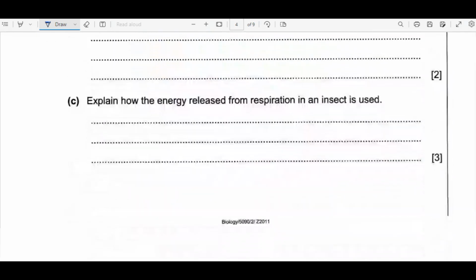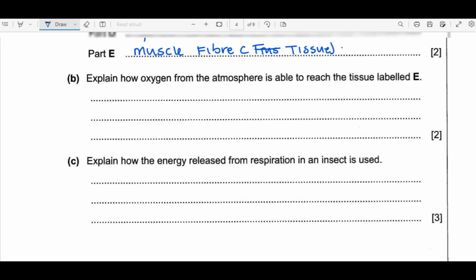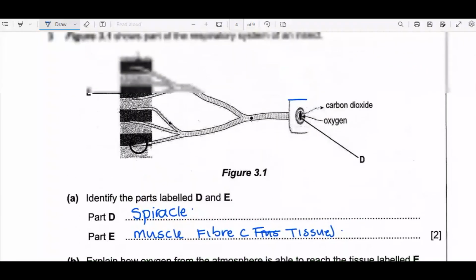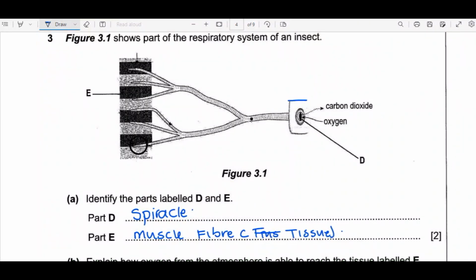Okay, we move on to explain how oxygen from the atmosphere is able to reach the tissue labeled E. So here you need to know that at point D, there is a high concentration of oxygen. Then here there is low concentration of oxygen, and the process of diffusion must come in.